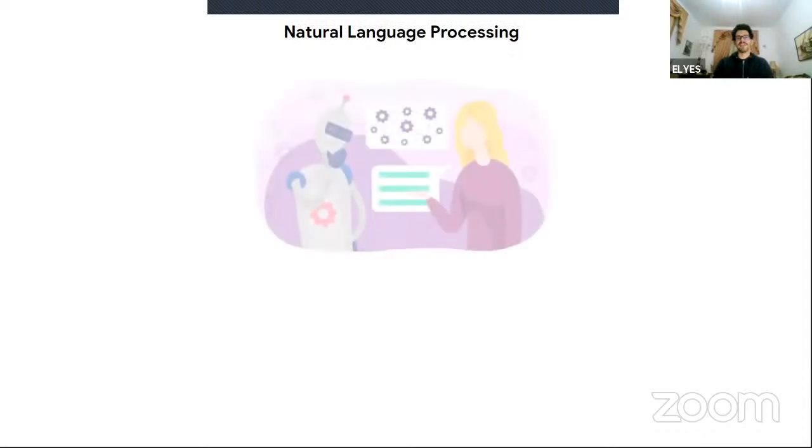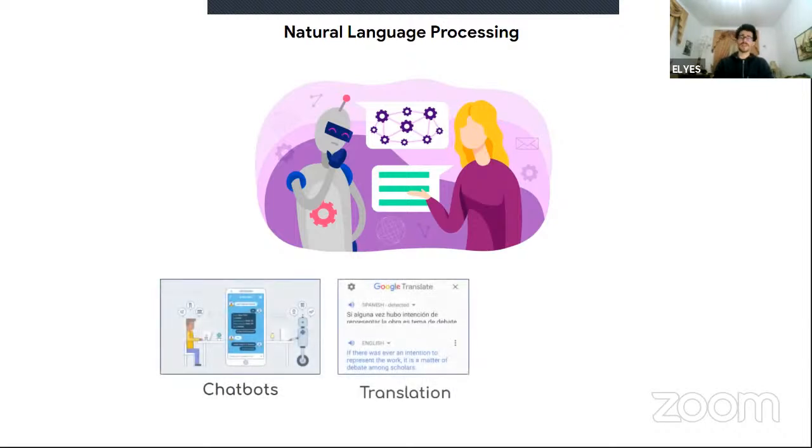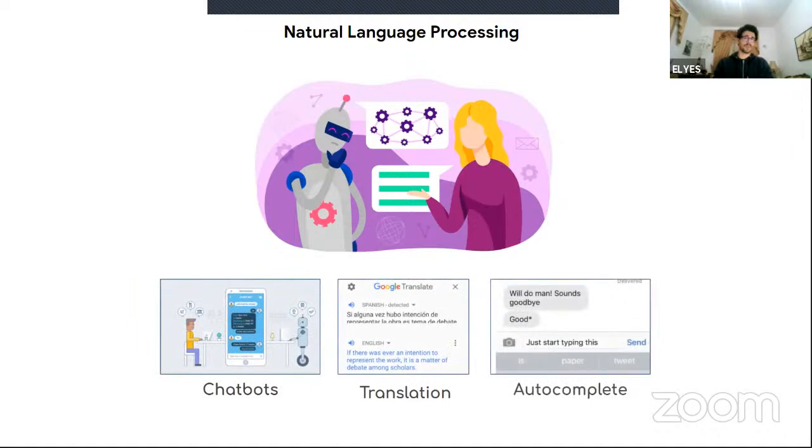For those who don't know, NLP is natural language processing, which is a subfield of AI which focuses on making robots or computers better understand human language, which can be text or sound. You have, for sure, used some applications of this, like chatbots, translation services, or autocomplete. These are all sub-applications, and many, many more, of NLP.